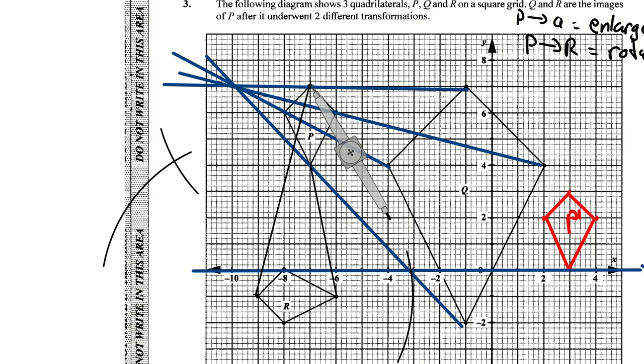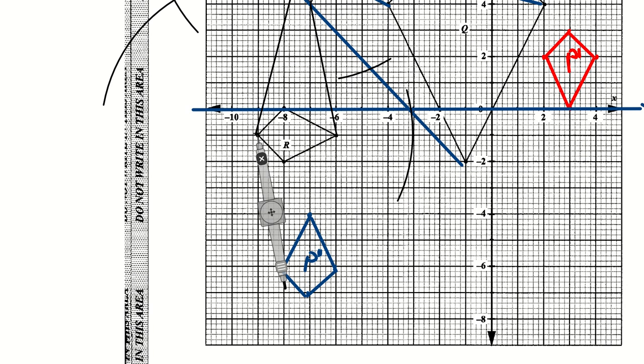Okay, this one I might need to make a little bit longer. This arc here. Right. And it's fine if you want to draw a huge arc, because you're not really sure where it's intersecting.